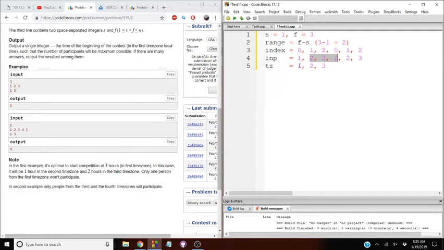Then we basically just shift this over. We don't need to actually have this array, because it's just 1, 2, 3, in order. So taking these two items here, 0 is at 3, and then we shift this over one more. We take these two items here, and 0 is at 2, and we shift this over one more. We take these two items here, and 0 is at 1. And that's how we figure out the time zone.